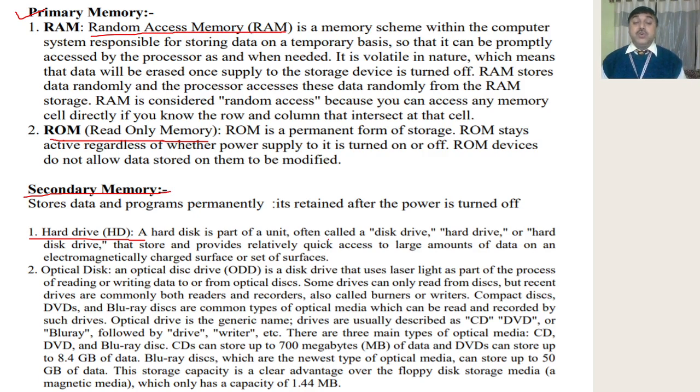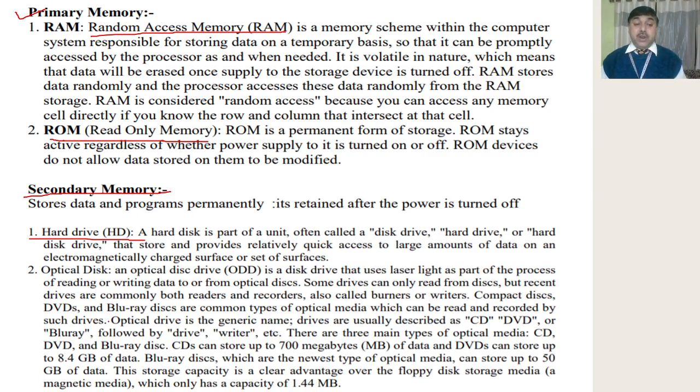It stores your data and helps you access data in a large amount. How is the data stored? We know that it is stored in an electromagnetic way. This is the section where we store the data and work with the data. Next, we have the optical disc.